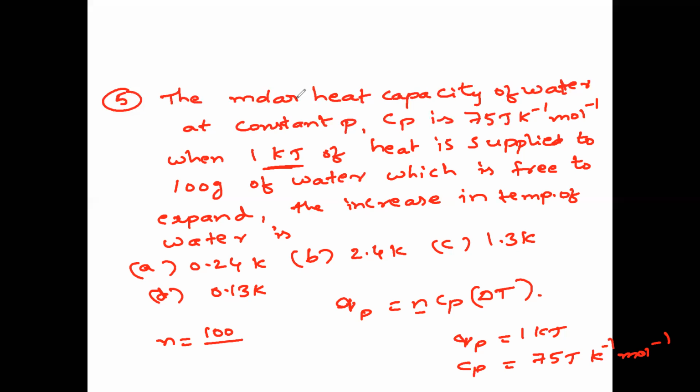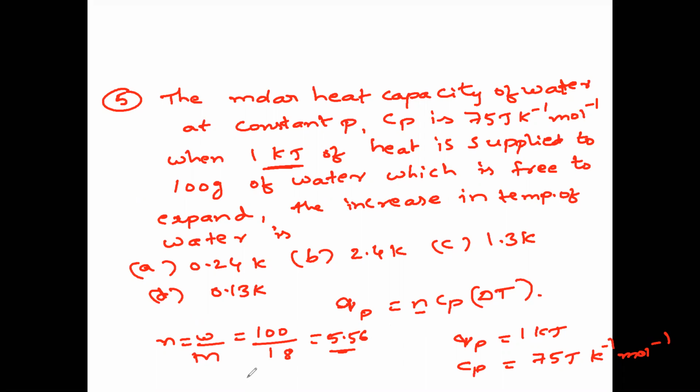Since the number of moles is not directly given, 100 grams of water is given. So given weight, 100 grams of water, by molecular weight of water, 18. So 100 divided by 18 is equal to 5.5, approximately 5.56. So straight away we can take 5.56.